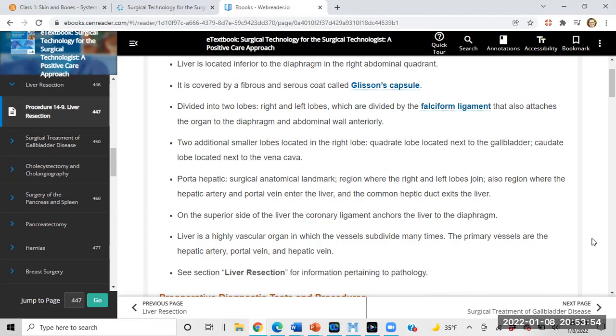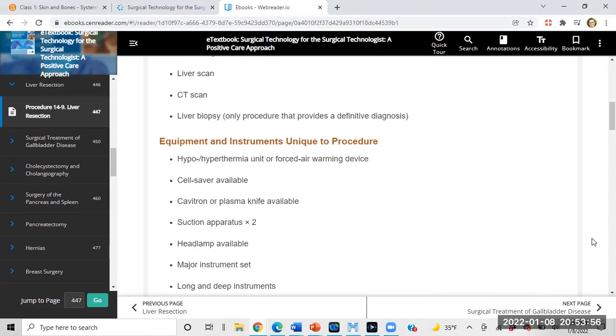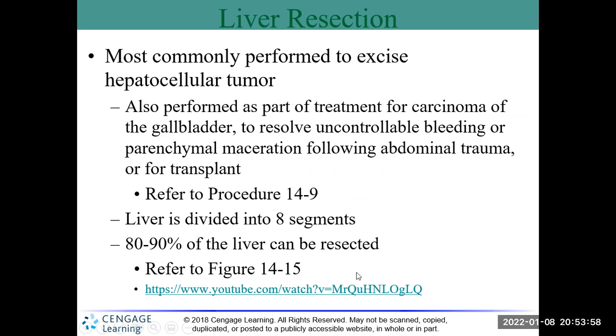So I would recommend having this procedure handy while you're watching these videos. Here's the video of that. We're not going to watch it right now, but the liver has 8 separate sections, and about 80 to 90 percent of that can be resected away, and the liver can continue to function. It can even regenerate to a degree.